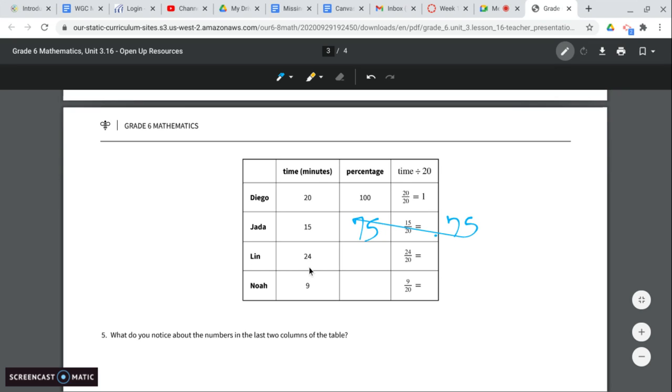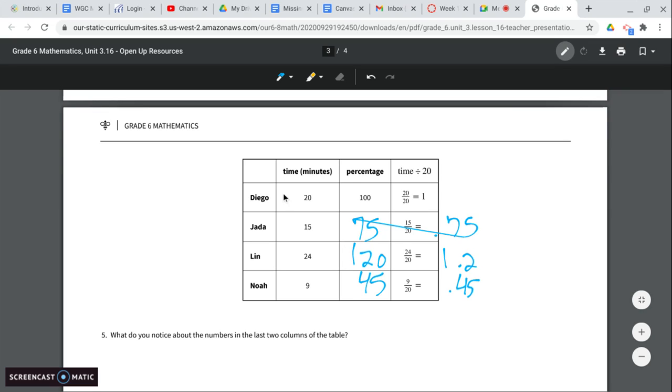Lynn was 24 minutes. So 24 divided by 20 is 1.2, so that's how we got our 120%. And 9 divided by 20 was 0.45, so it's 45%.